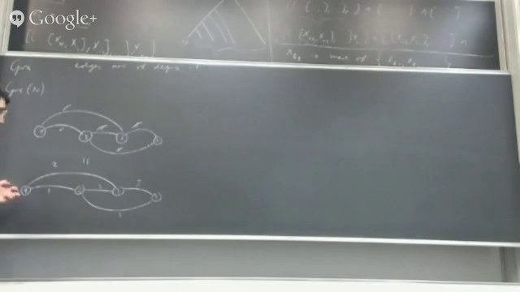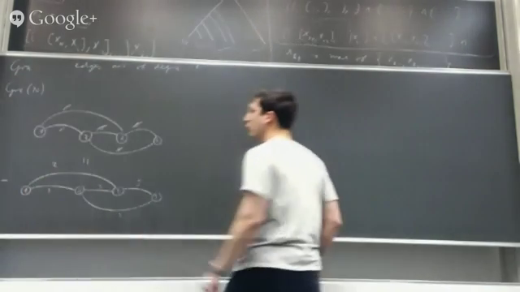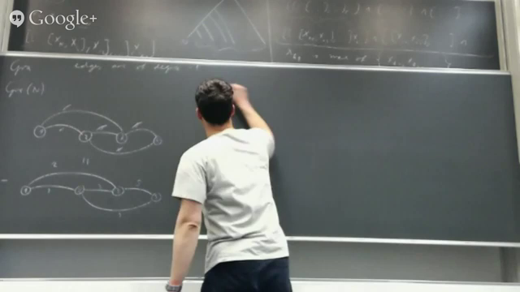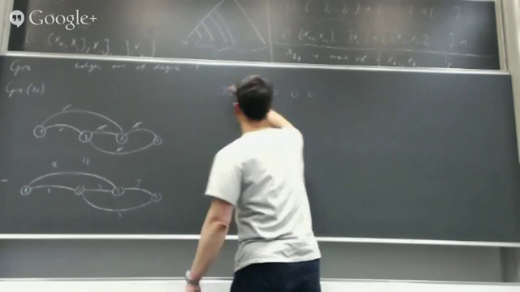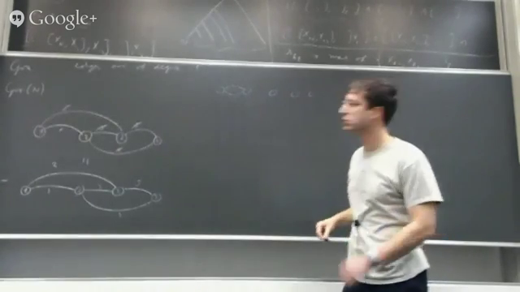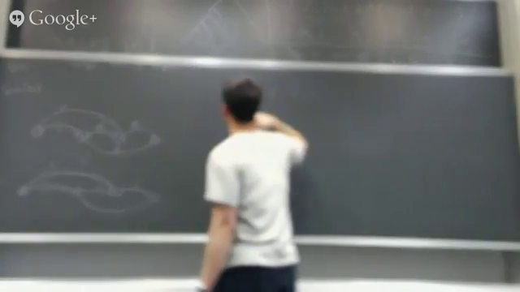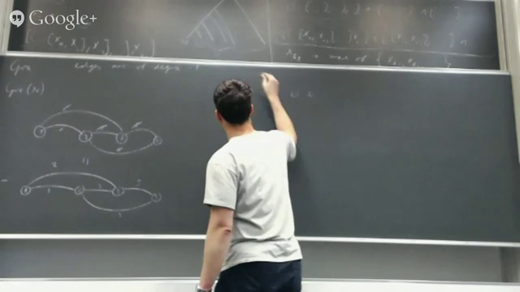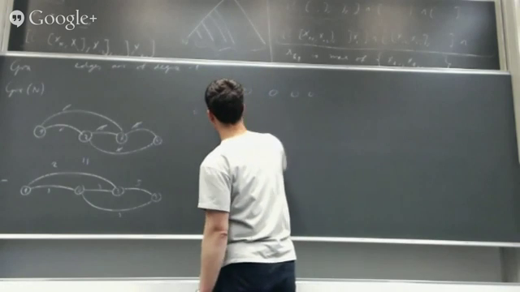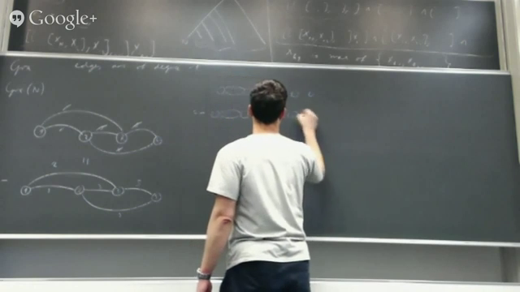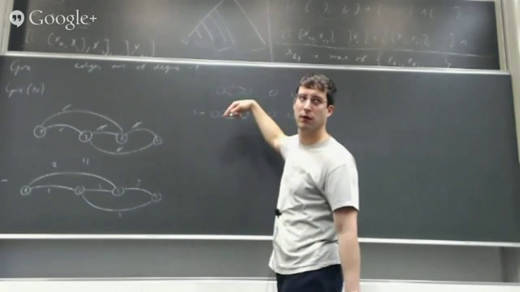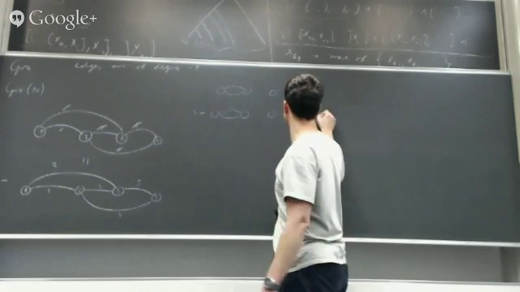Because of these things, I cannot have multiple edges. Let's say I have two edges between two vertices, but I can flip them and get minus, but it's the same graph. So since it's minus, then it's 0.